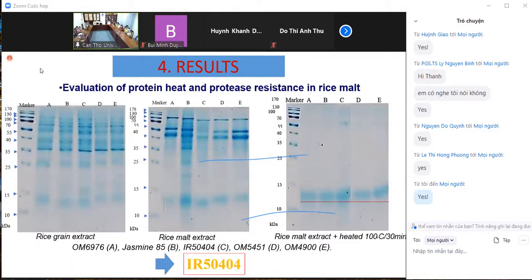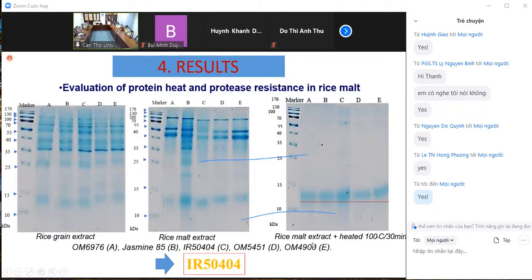By electrophoresis, we can see many reactive proteins in the SDS-PAGE gel. There are many differences among the gel lanes.